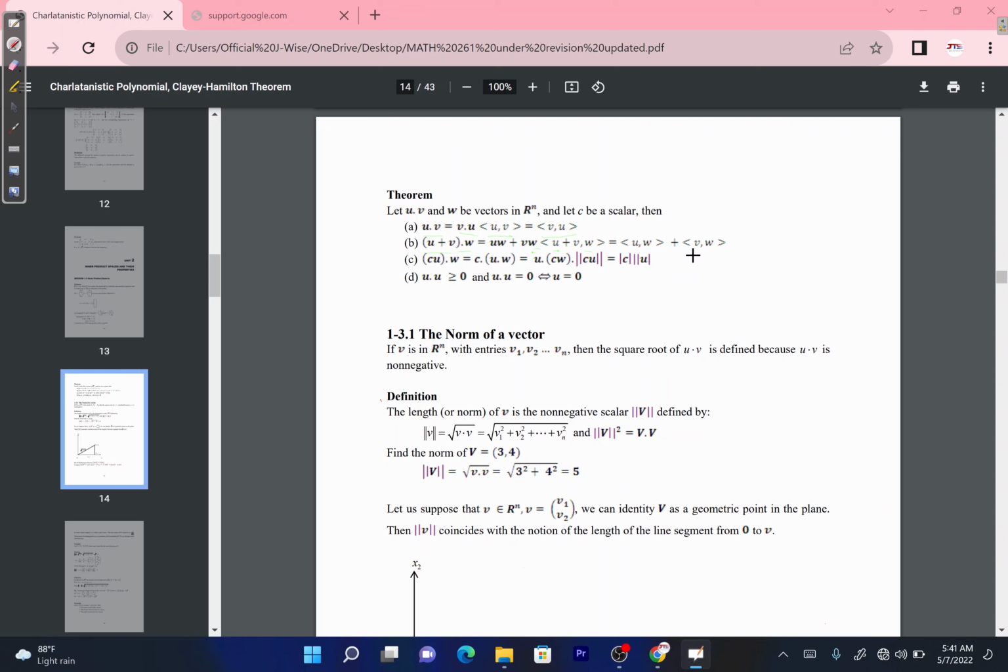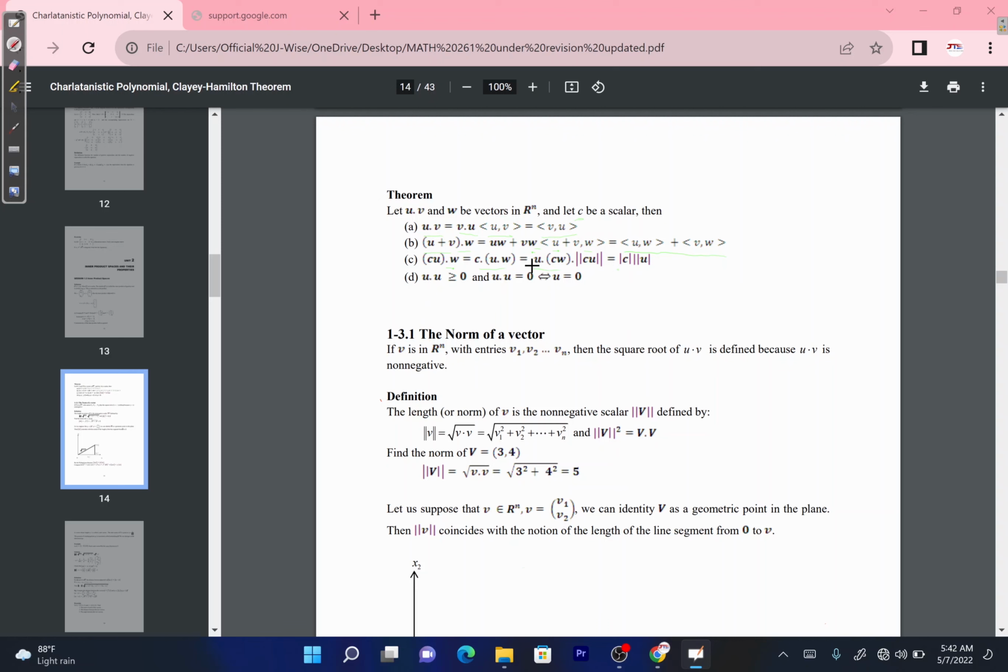They are all the same. That's the distributive property. Then when you have any constant or scalar c, the product of the scalar and the vector v all multiplied by w can also be written like this, and is the same as this.